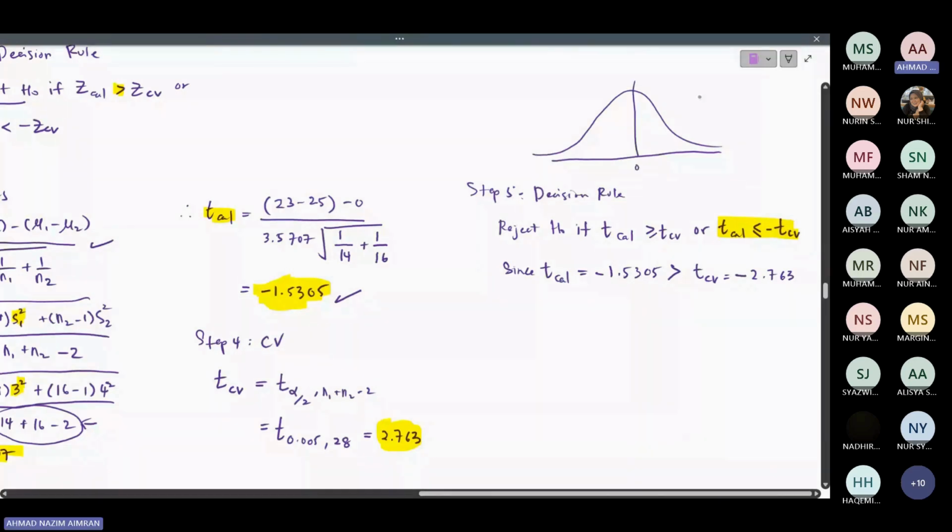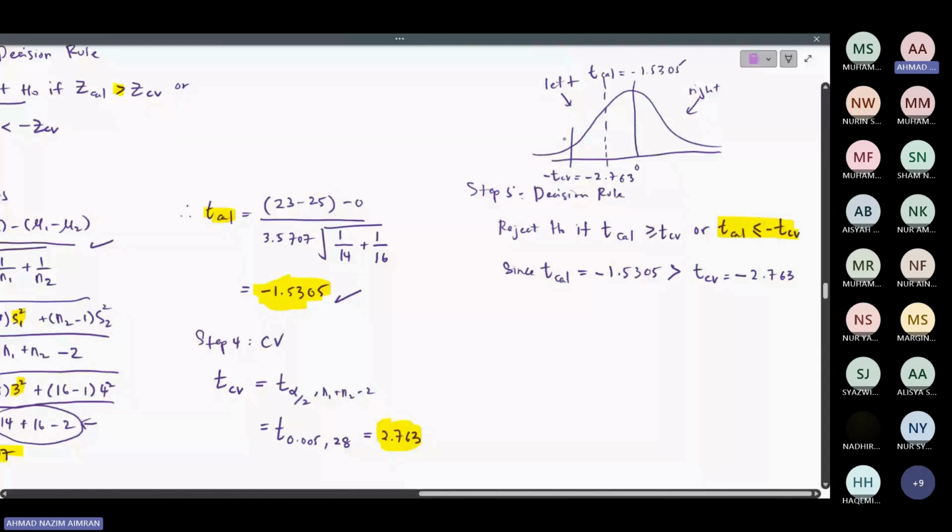If we sketch, this is right, this is left, a two-tail test. But since our T calculated is negative, we are testing on the left side. So this is our negative T critical value, 2.763, and this is our T calculated, negative 1.5305.